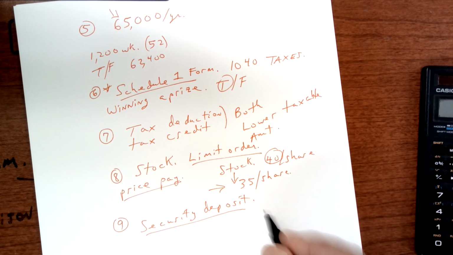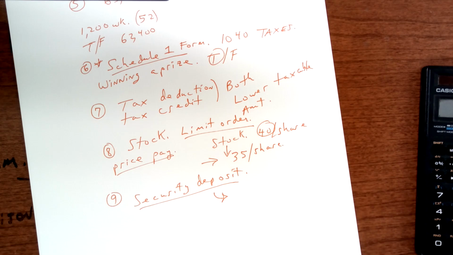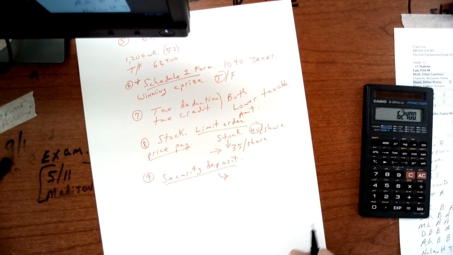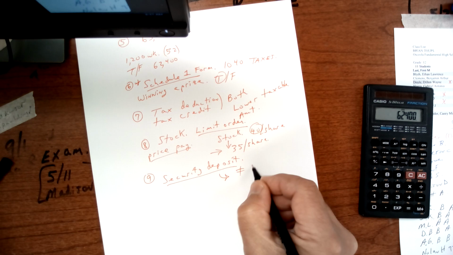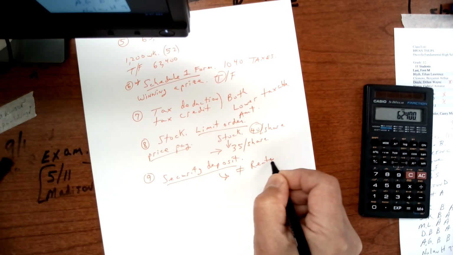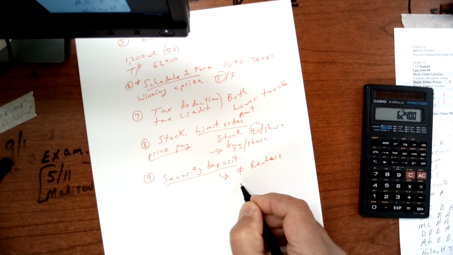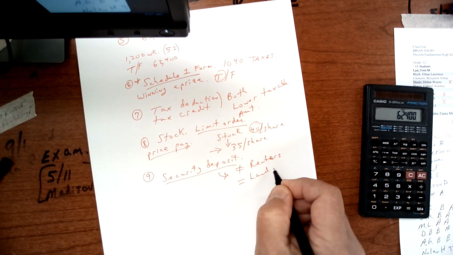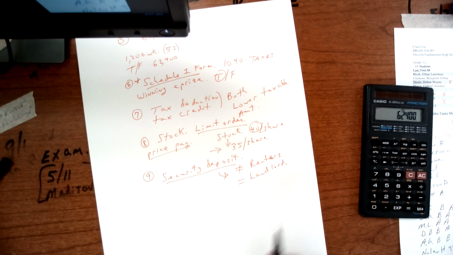Or is it there to protect the owner's property if you damage it? So this is not for the renters. It's for the landlord to cover any damage. Okay? All right, let's keep moving. We're going to do one more.